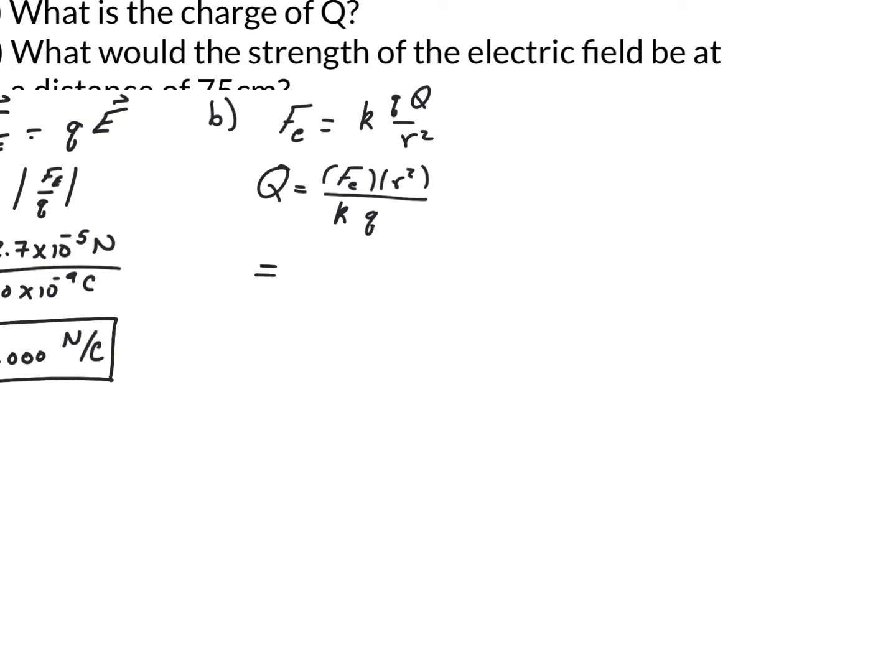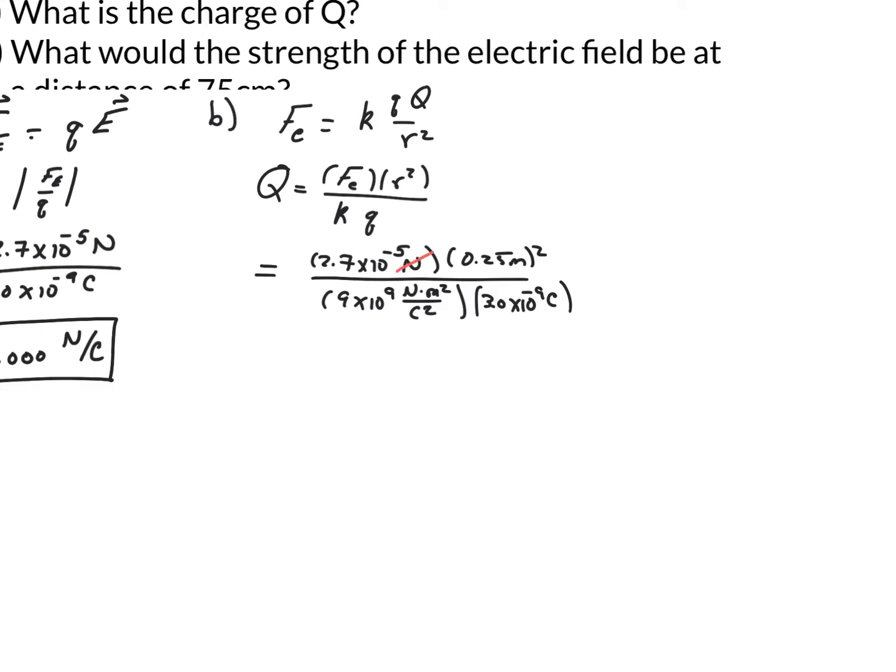Plugging in some numbers, we have 2.7 times 10 to the -5 newtons times 0.25 meters squared all over 9 times 10 to the 9 newtons times meters squared per coulomb squared times 3.0 times 10 to the -9 coulombs.